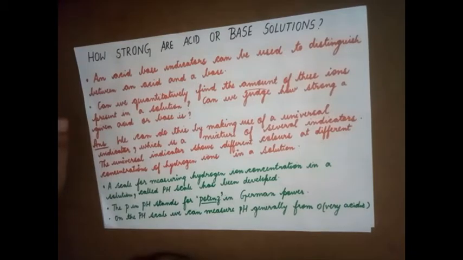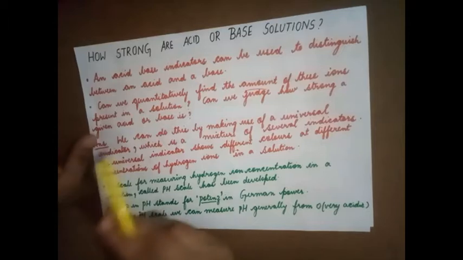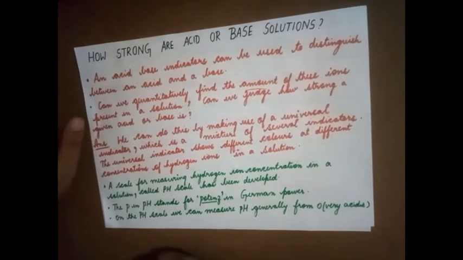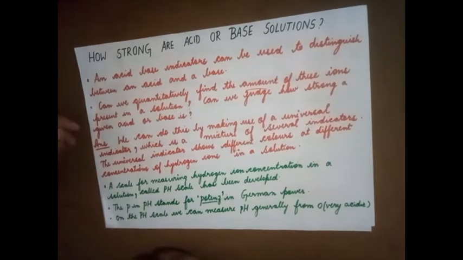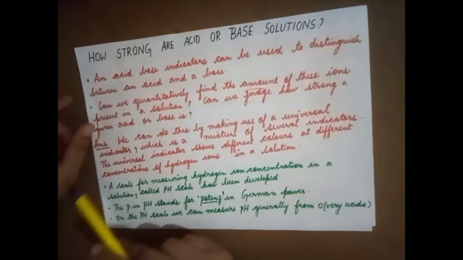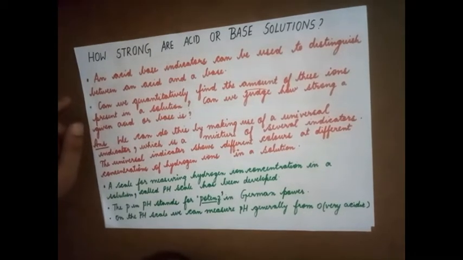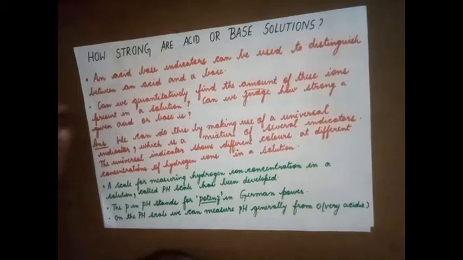Based on the concentration of hydrogen ions, it gives a particular color. Okay, for pH 1 it has a different color, pH 2 a different color, pH 3 a different color. So based on the concentration, a different color is represented by the universal indicator.